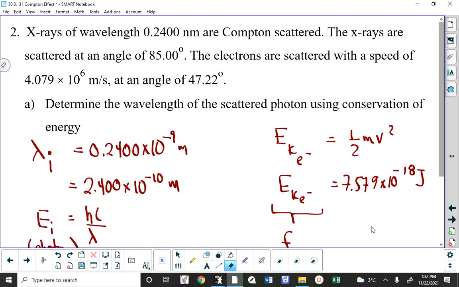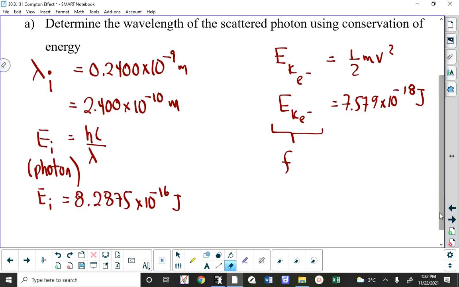It's in the neighborhood of 10 to the negative 18. And the energy that the photon had is in the neighborhood of 10 to the negative 16. The electron's energy afterwards is only about 1% of the photon's energy before. So this photon is going to keep about 99% of its energy.